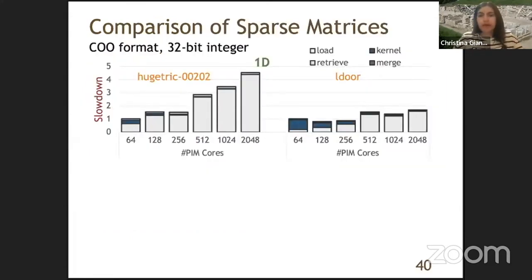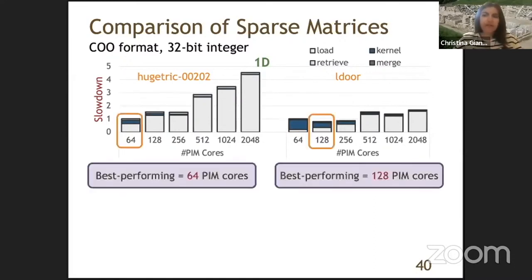Next, in these experiments, we check the end-to-end performance on various sparse matrices and on two different processing-in-memory systems. When we compare different sparse matrices in the 1D partitioning scheme, for example, we observe that for the Hugetric and L-Dur matrices, the best end-to-end performance is achieved using 64 and 128 PIM cores, respectively.